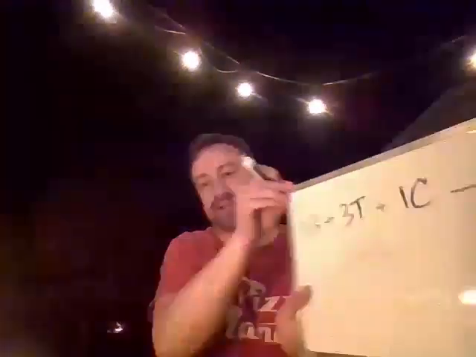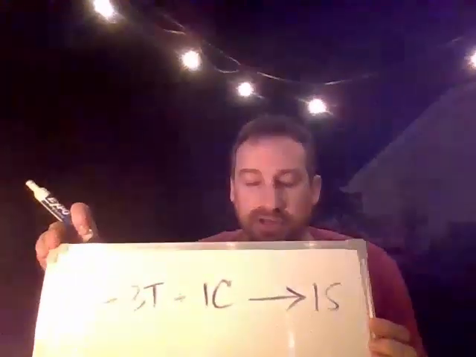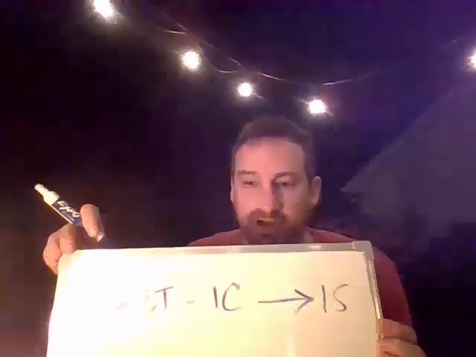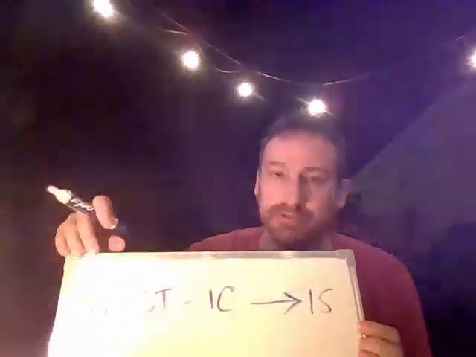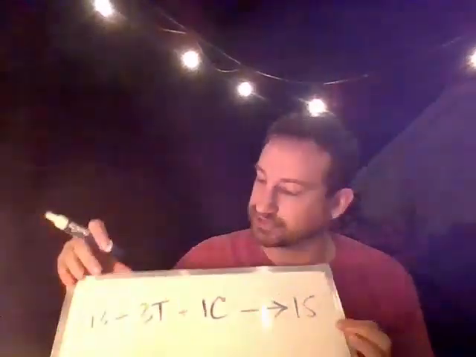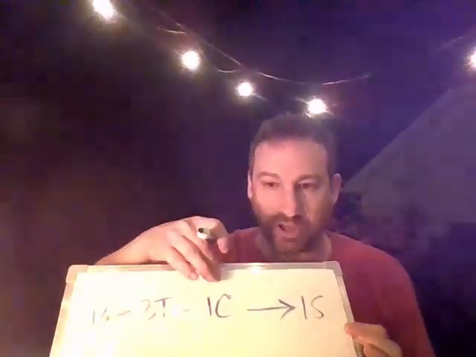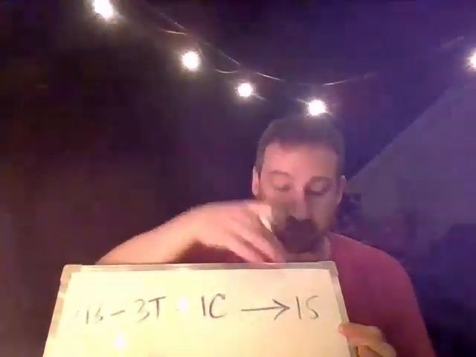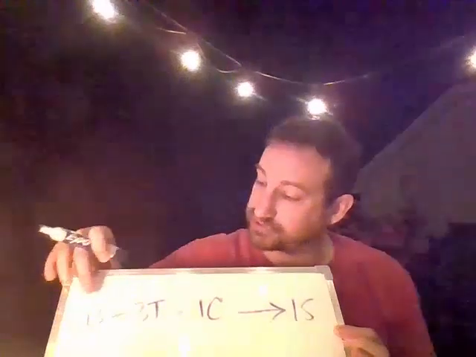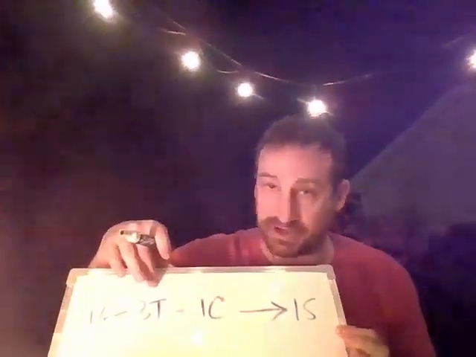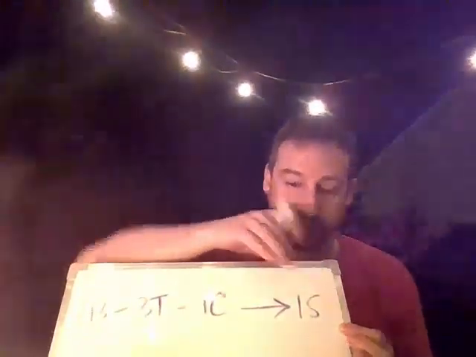And the relationship that we care about here, and again, we're going to eventually get this into moles, are these coefficients. And this is why we learn how to balance chemical reactions. So we've got 2 to 3 to 1 creates 1. Every 2 bread, 3 turkey, and 1 cheese makes 1 sandwich.